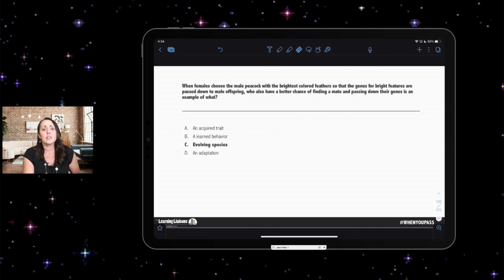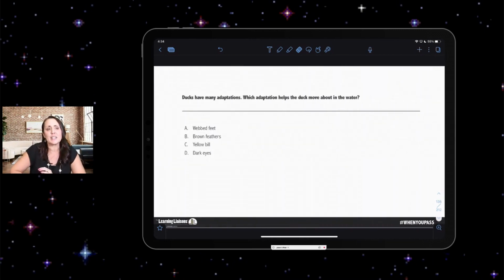Evolving species, that's going to be your answer. And an adaptation, this is not necessarily an example of an adaptation to answer the question. The question is just asking about when females choose males with the brightest color, you're passing it along to your offspring, and it's how the species will change depending on the female that it mates with. So C, evolving species, is going to be your answer in this case.